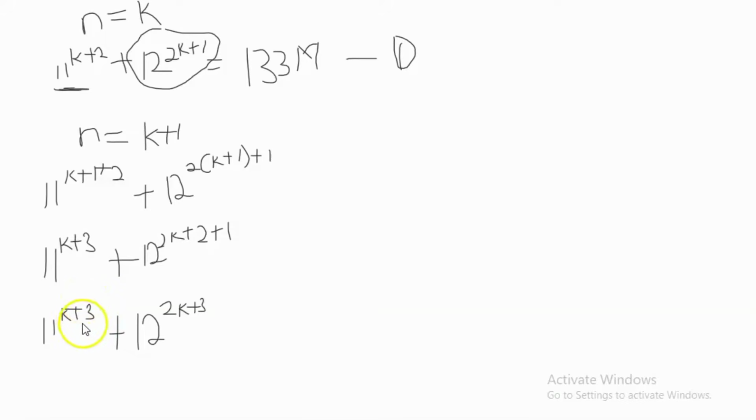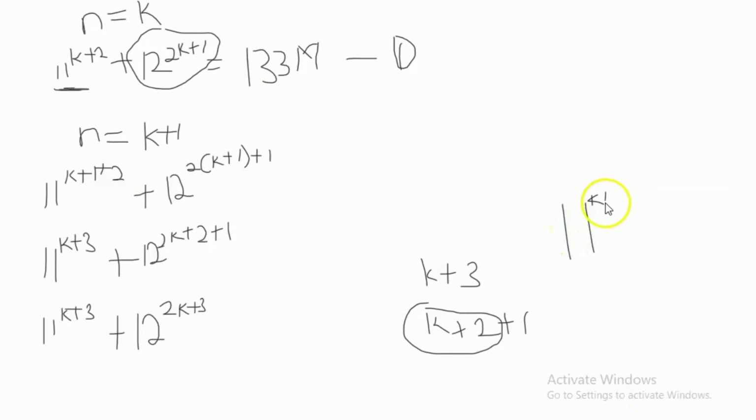So what we can write is, obviously we know that k plus 3 is the same thing as k plus 2 plus 1. The exact same thing. So what we have done is we have brought out k plus 2 and it now looks like this. So therefore we're going to have 11 to the power of k plus 2 plus 1.